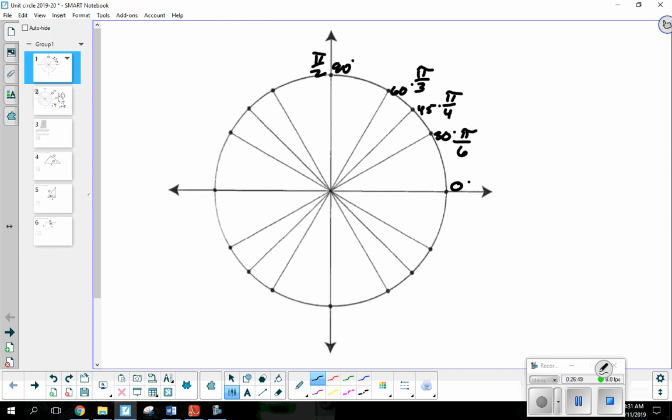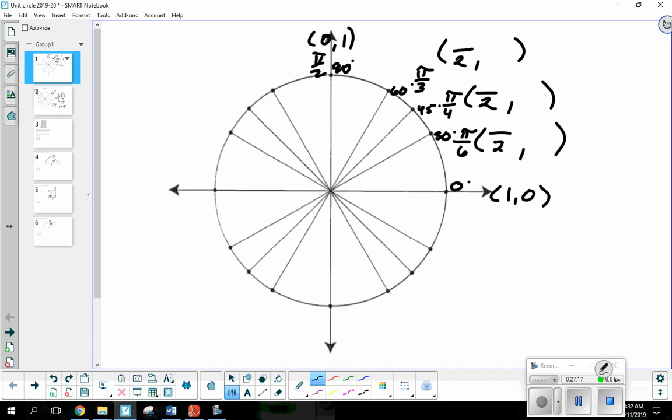Now we know these 2 points here, this one's going to be 1, 0. This one would be 0, 1. It's very easy. But I want you to go ahead and take a look at the 3 ordered pairs here in quadrant 1. If you have those, you could simply just reflect to any quadrant you want. Do you notice anything about every single one of these x's and y's? They're all divided by what? Every single one of them is divided by 2.